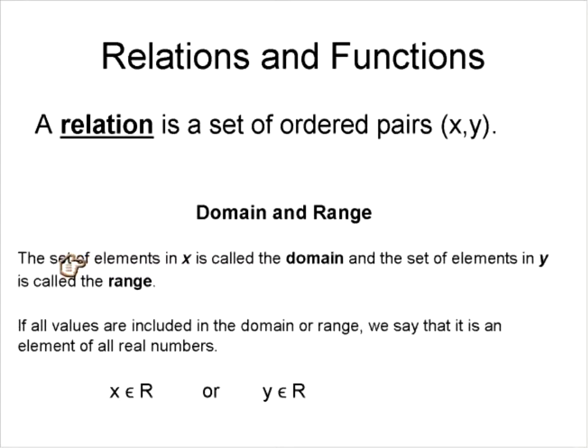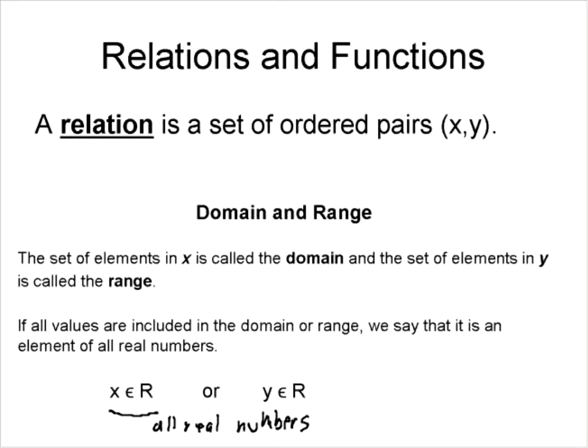Now, sometimes we're going to have a relation or a function where the domain and range is the element of all real numbers. Now, what we do in math is we use this little notation, this x ∈ ℝ, and I've just done it for you right down here. What this means is that all the values for x are included, or sometimes written as all real numbers.